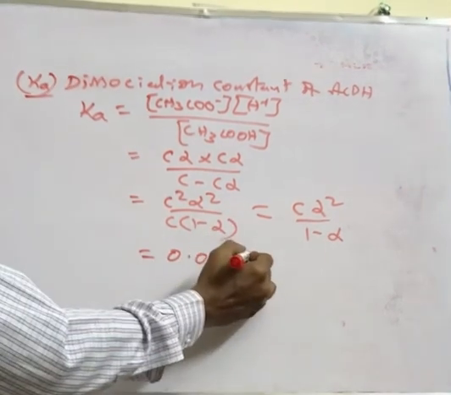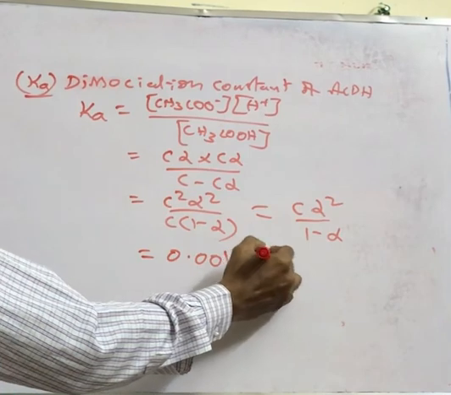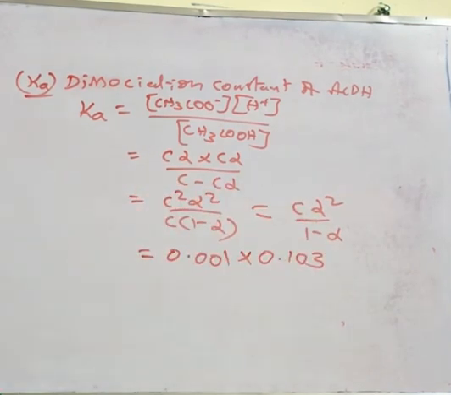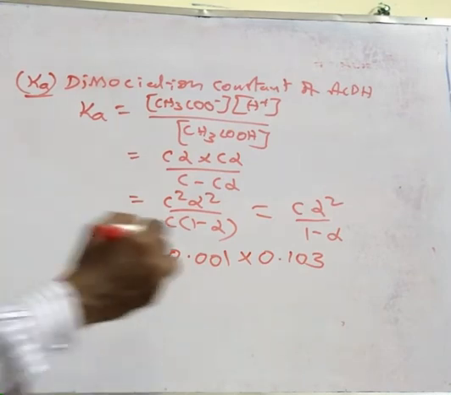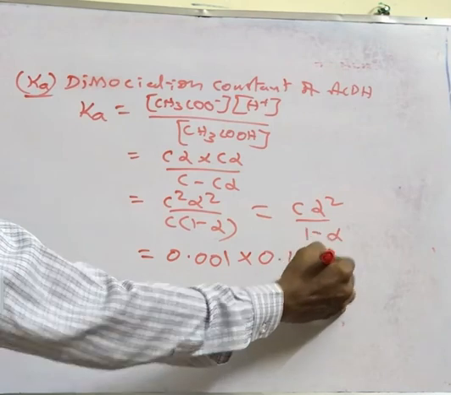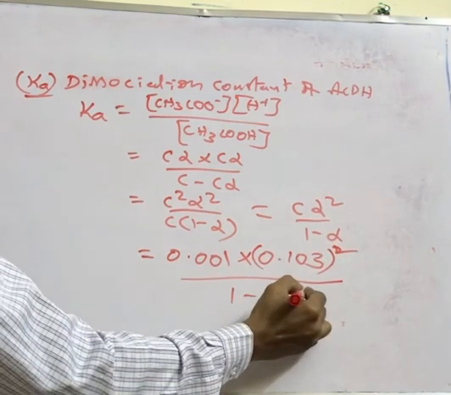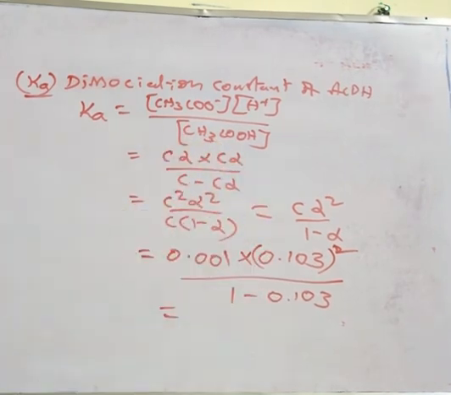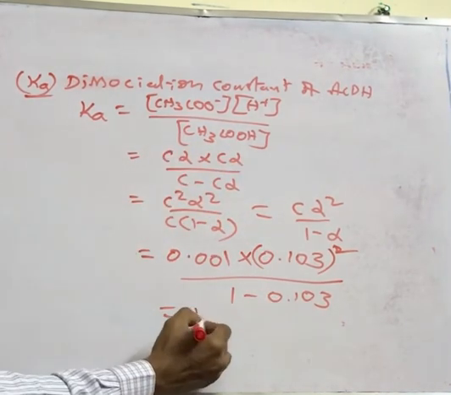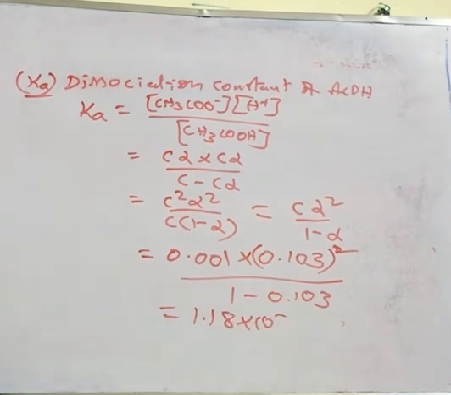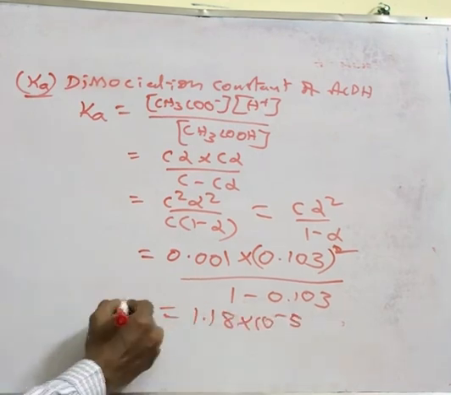Alpha we have calculated, about 0.10 something, so you can make it 0.103. So 0.001 times 0.103 square, divided by 1 minus 0.103. Simplify and solve this, then you will get 1.18 into 10 power minus 5. That is your Ka value.